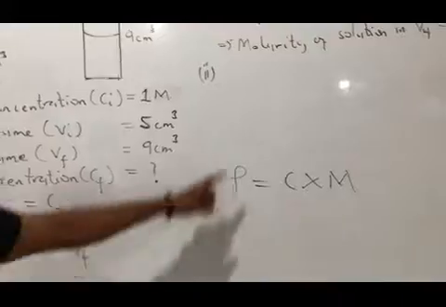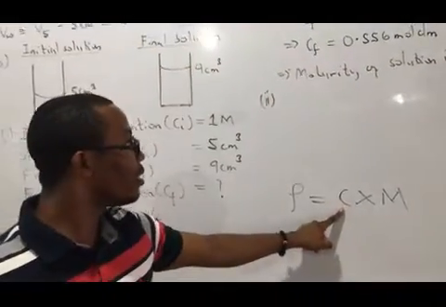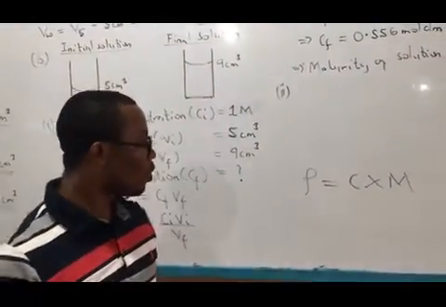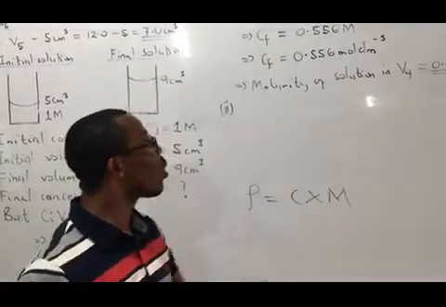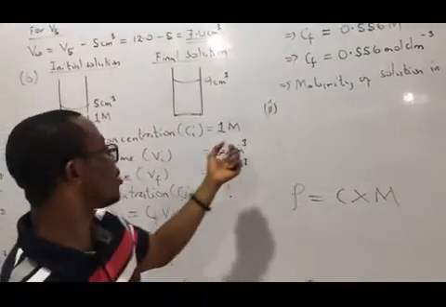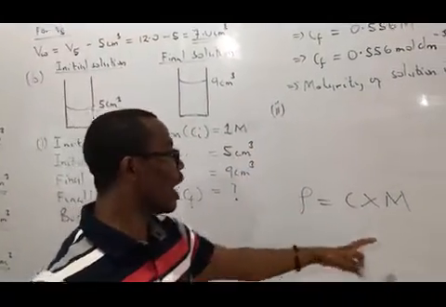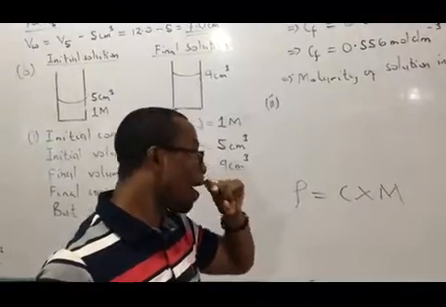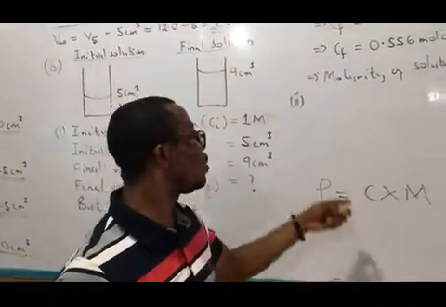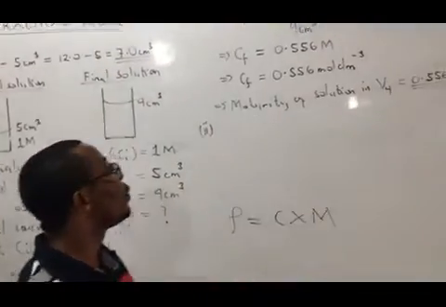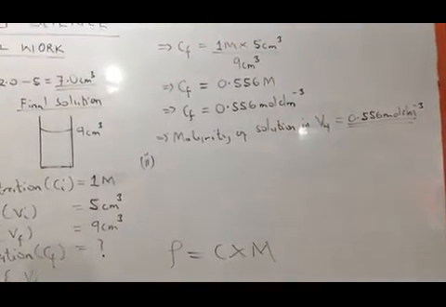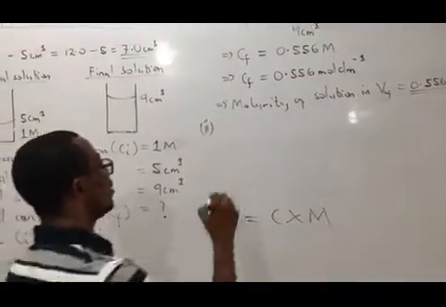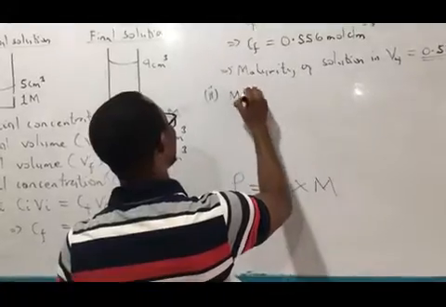We have determined the molarity, that's the C, of the solution in V4. So what you are supposed to do is calculate the molar mass of the compound. The solution is made up of HCl, so you calculate the molar mass of HCl, and the answer you get, you multiply by the molarity you calculated in BI, and that will give you the mass concentration.